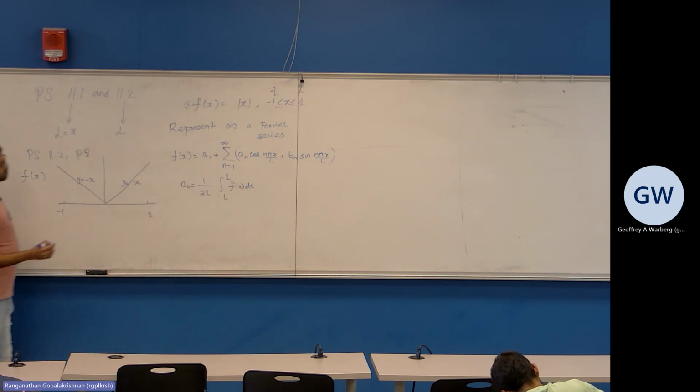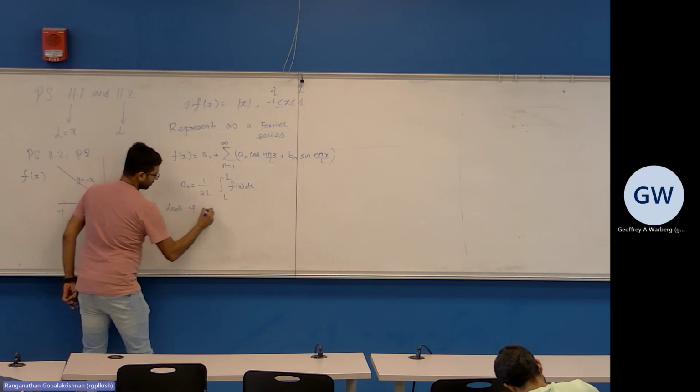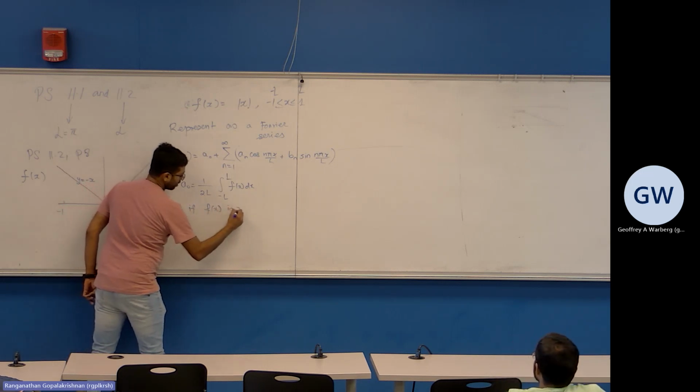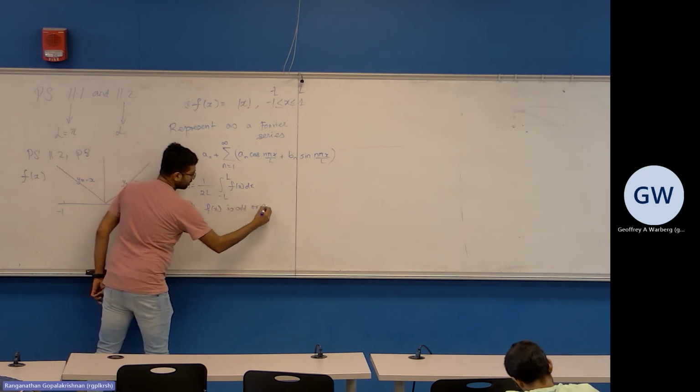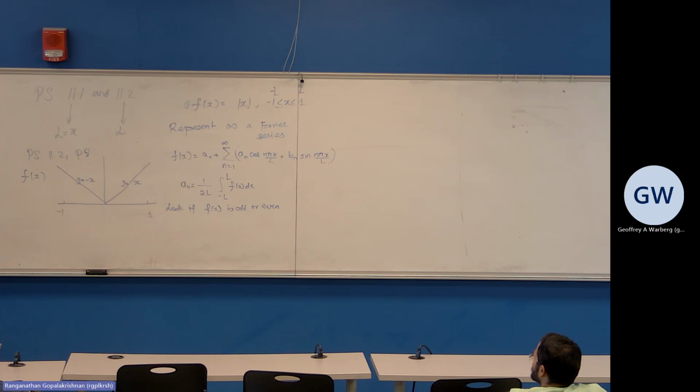One useful tip is always look if the function is odd or even. That will allow you to quickly do simplifications. In this case, is this function odd or even? This is an even function, okay?